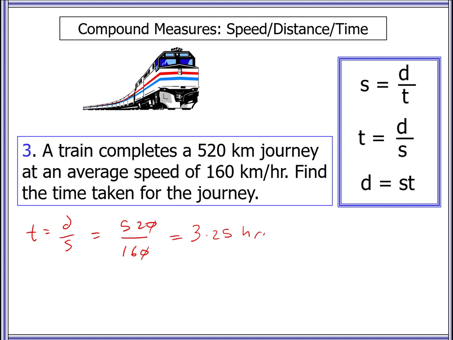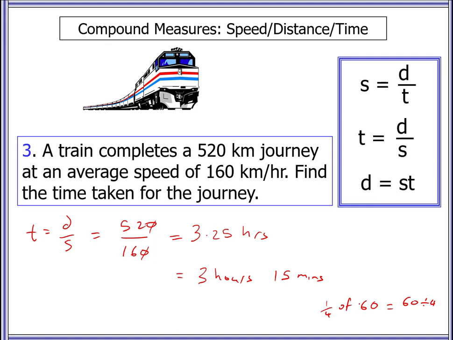Hours. Now that's 0.25 of an hour, or a quarter of an hour. What's a quarter of an hour then? How many minutes is a quarter of an hour? 15 minutes. Remember, you can work that out by doing a quarter of 60 minutes, which is equal to 60 divided by 4.